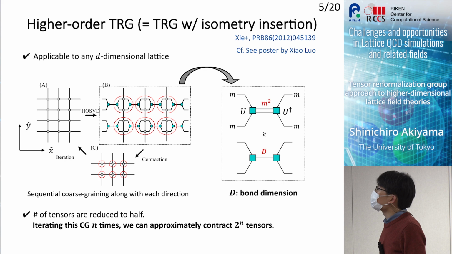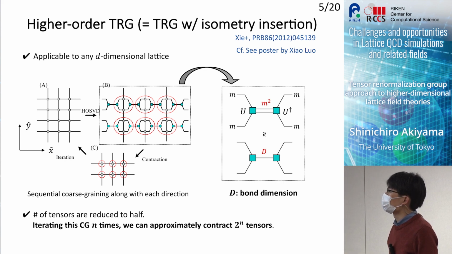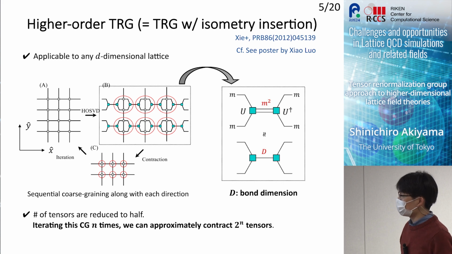After inserting this isometry, we carry out the tensor contractions among these nearest neighbor two tensors under these two isometries. The point is that after carrying out this tensor contraction, we again have four-leg tensors. So this procedure is a kind of coarse graining.